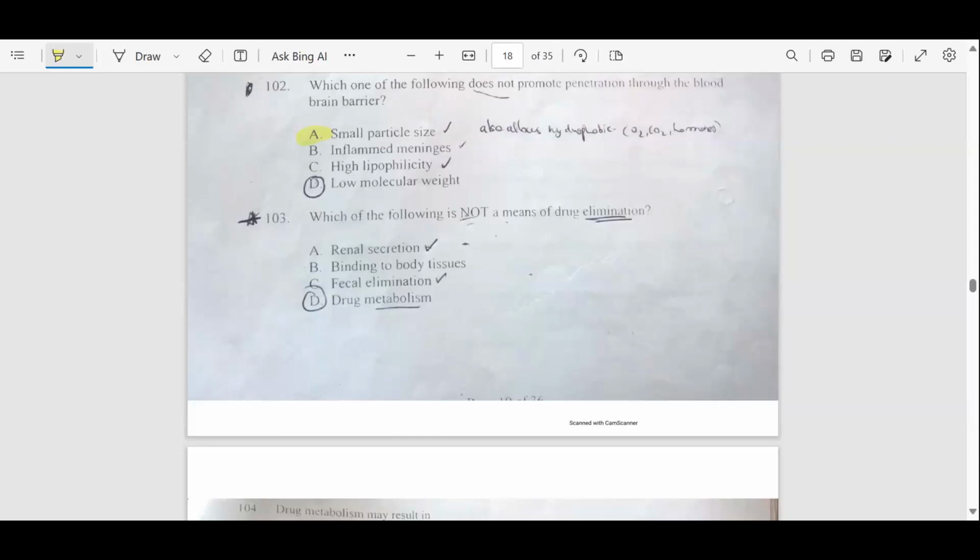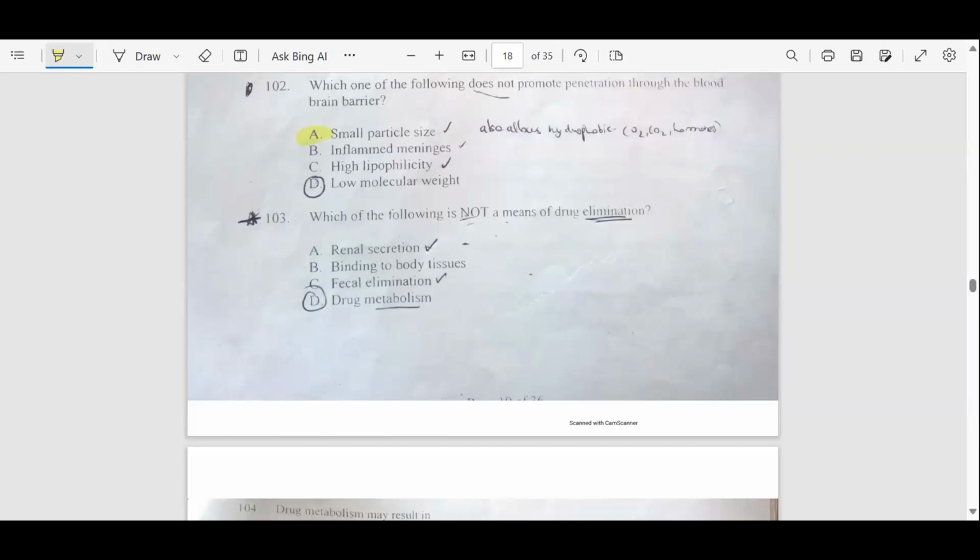This is when a drug is in the gastrointestinal tract. But after the gastrointestinal tract, the drug is in solution form. So when it's in solution form, then we mention molecular weight.